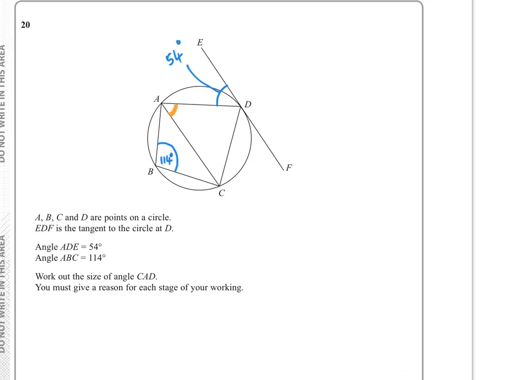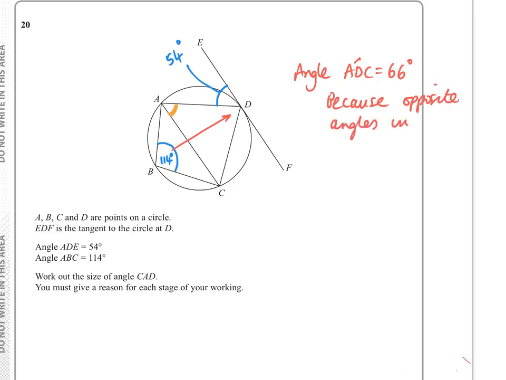I personally would say angle ADC is 66 degrees, and that's because opposite angles in a cyclic quad, you can use an abbreviation, I don't think it would hurt too much, add up to 180 degrees, and you could show your workings or not.